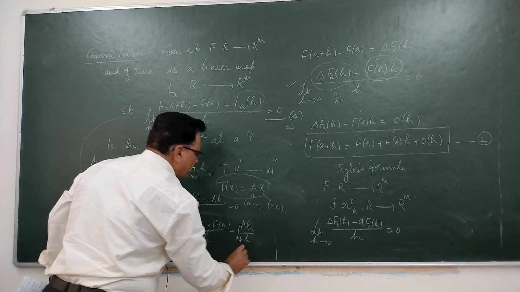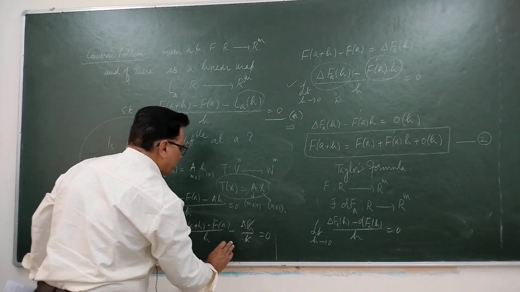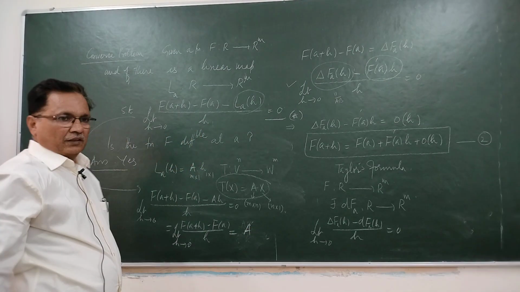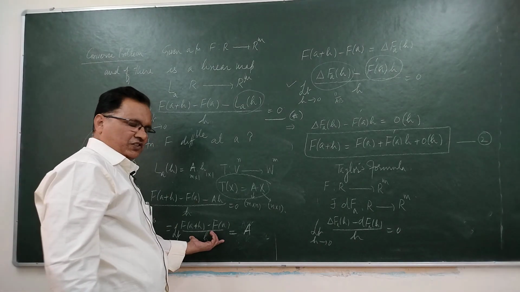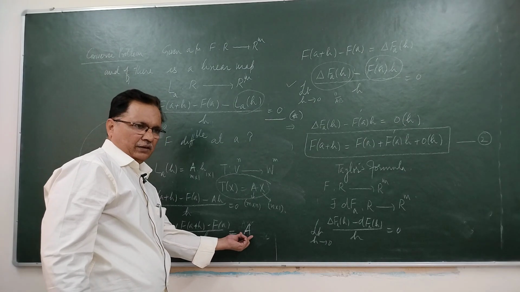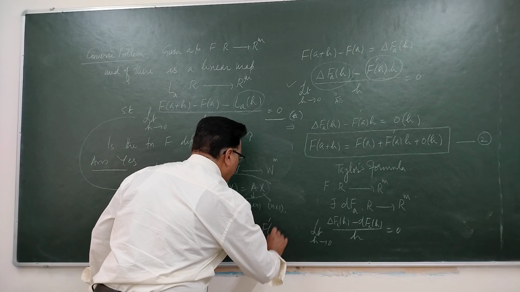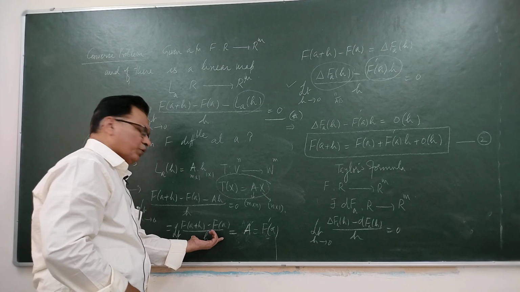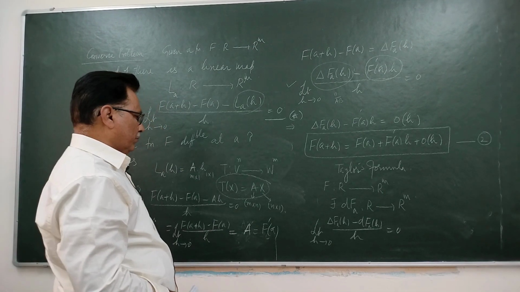Now h will be cancelled out, and what will be left is only A. So once you reach this step, you will say that this limit exists, which is a vector, and its value is the m by 1 matrix A, and I will call it the derivative of f at a, because this quantity is known as the derivative of f at a, which turns out to be an m by 1 matrix.